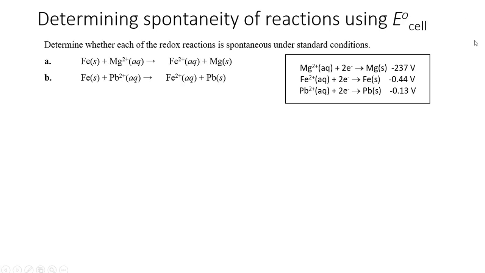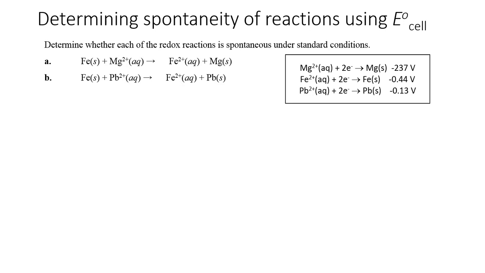Alright, so our last video will talk about determining spontaneity of reactions using E cell. We have two reactions here, A and B. A is Fe solid plus Mg2+ aqueous to give us Fe2+ aqueous and Mg solid.